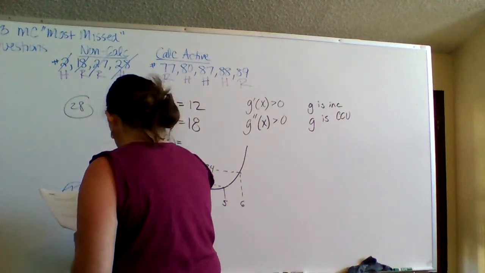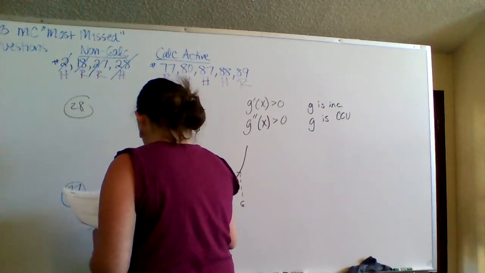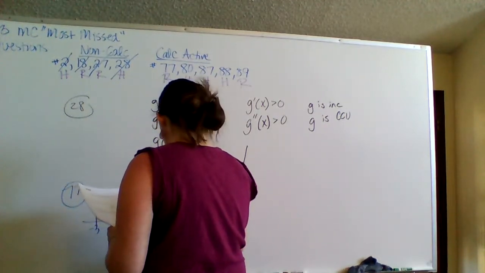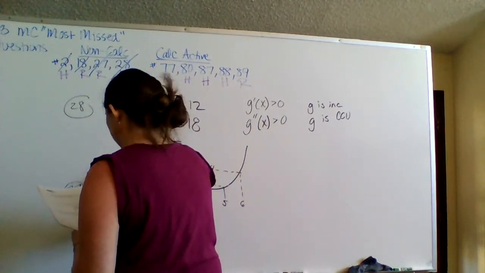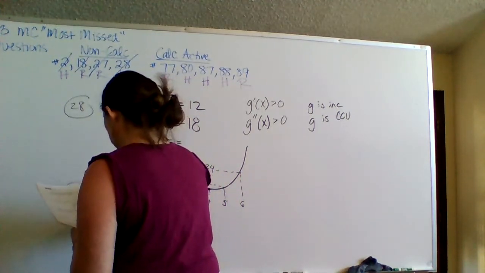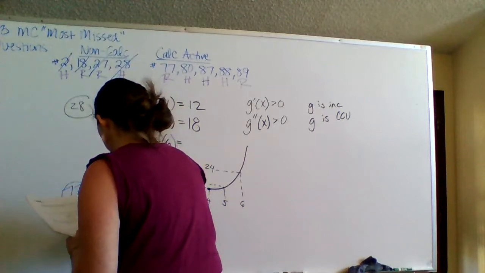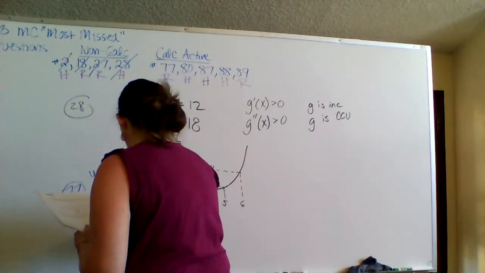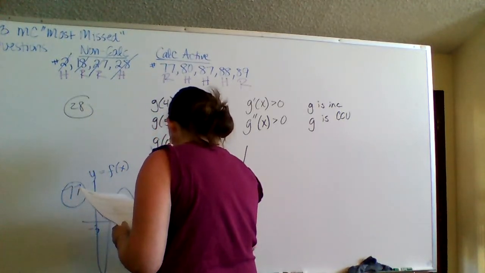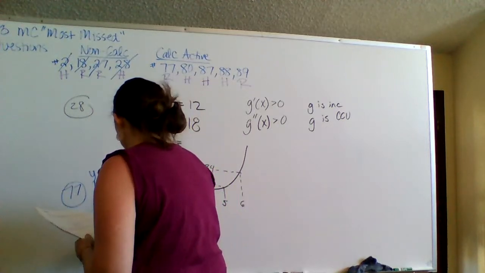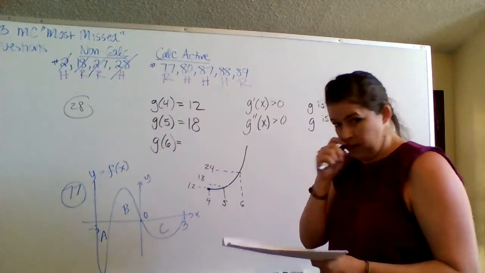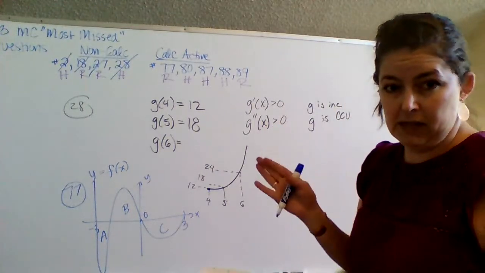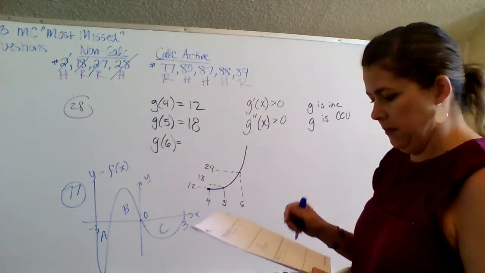They have a few values marked on our x-axis, and they tell us it's the graph of f of x. It looks something like this. This is letter capital A, and this is letter capital B, somewhere between some negative x value and 0, and then letter capital C.